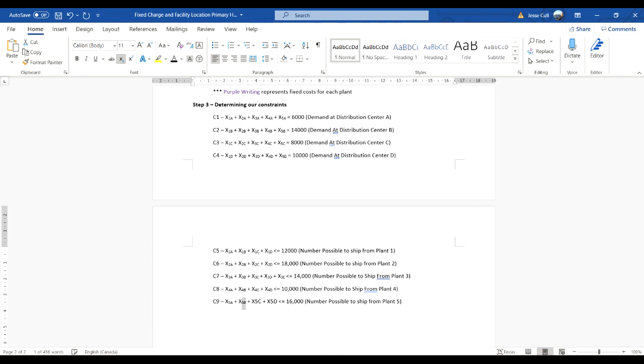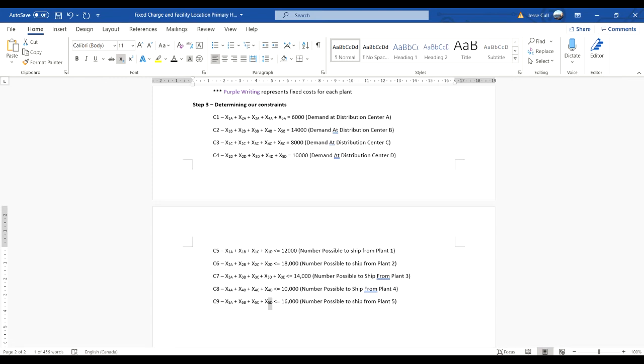And what these represent is all of the goods we possibly can ship. So we have the goods that are required at each center. So we can't just close any factory. We can't just close any shipping route because it's not randomly determined.